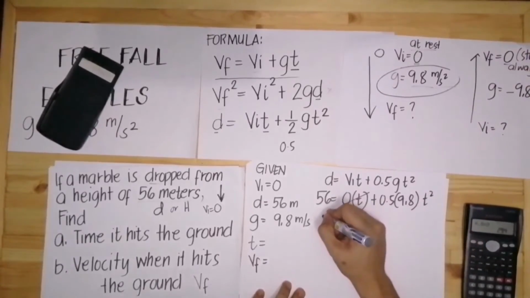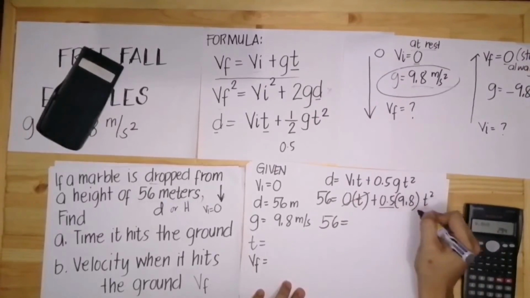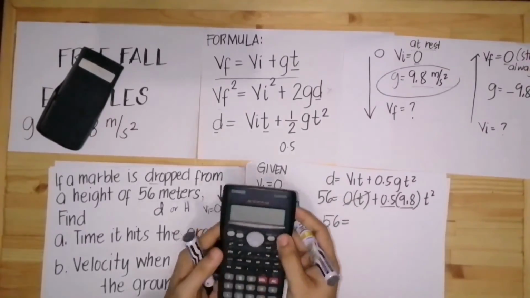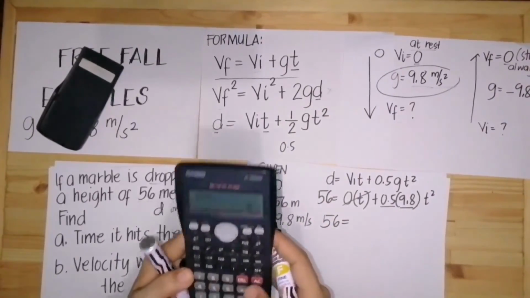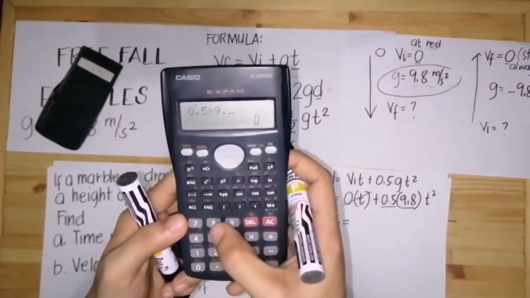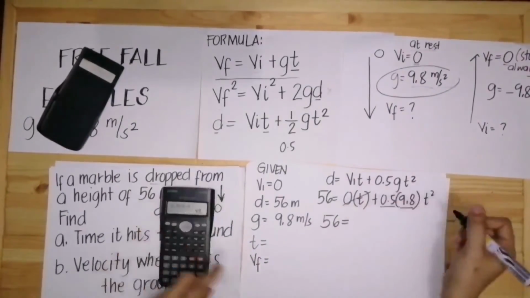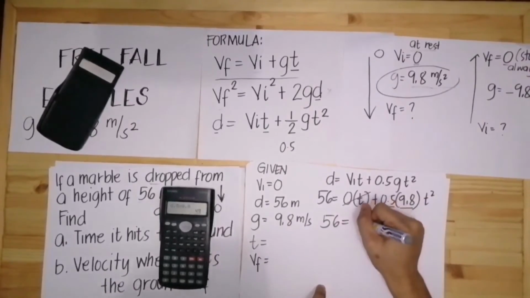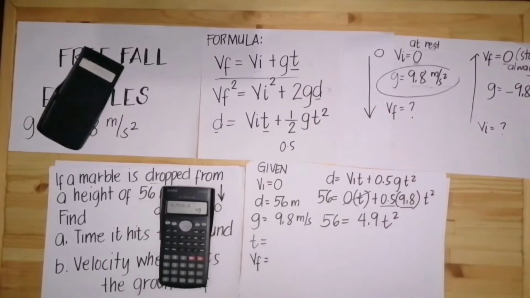Okay, so 56 equals 0.5 times 9.8. Lagay natin sa calculator. 0.5 times 9.8 is equal to 4.9. So, huwag nyo nalagay yung plus ha. 4.9 na lang, then T squared.